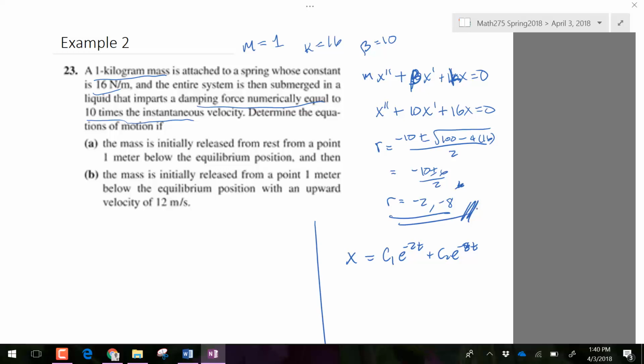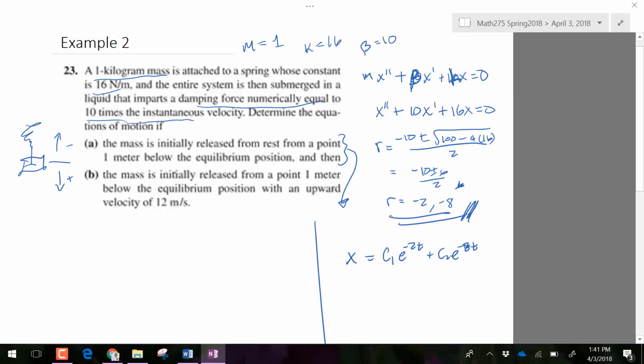We didn't set up our initial conditions. Probably should have done that in the beginning, but let's do it now. The mass is initially released from rest at a point 1 meter below the equilibrium. So again, we're talking about the spring, the mass, equilibrium, positive, negative.